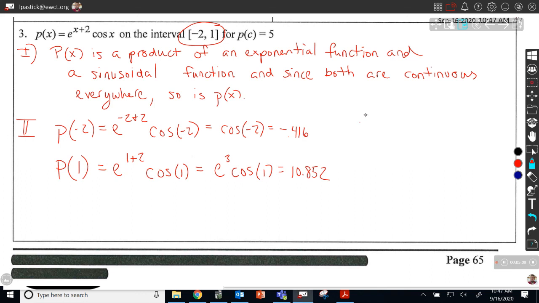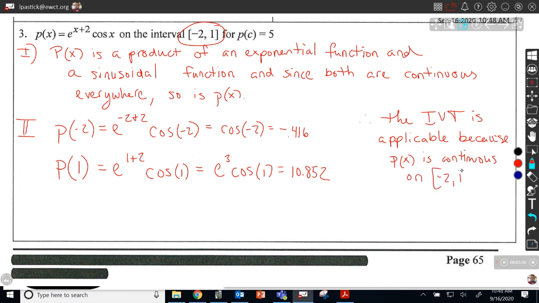So I'm going to now say, therefore, the IVT is applicable because p of x is continuous on -2 to 1, and let's say p of -2 is less than 5, which is less than p of 1.